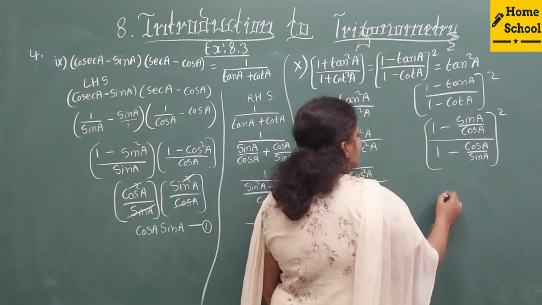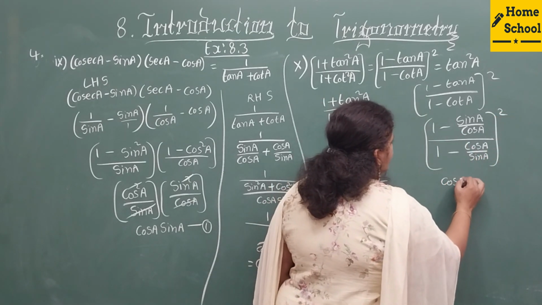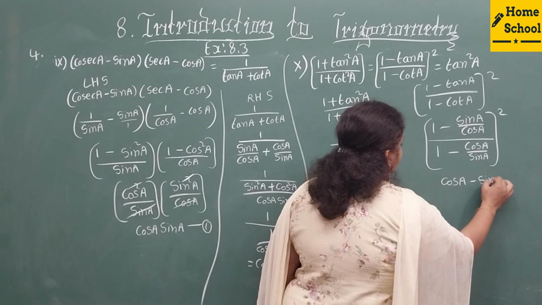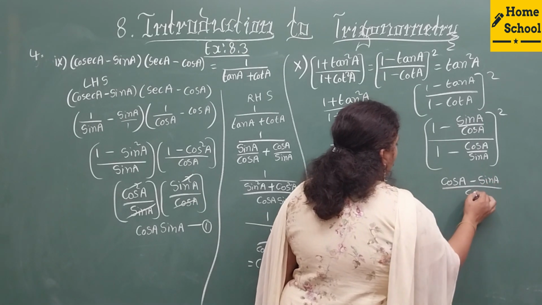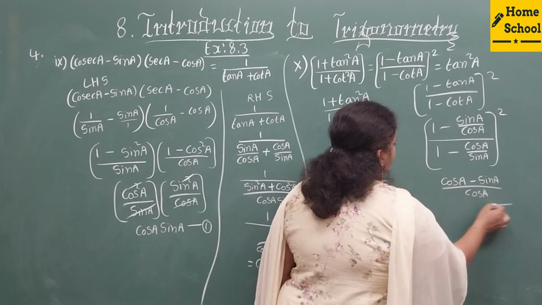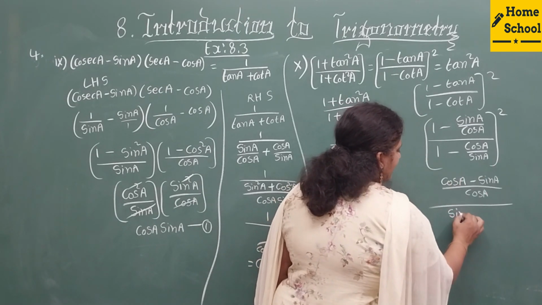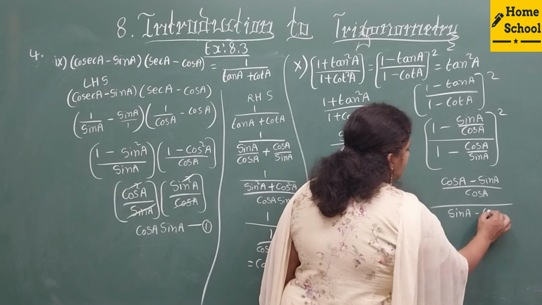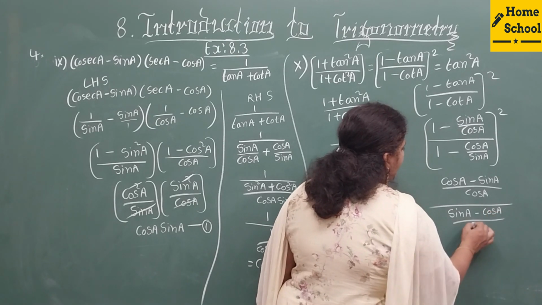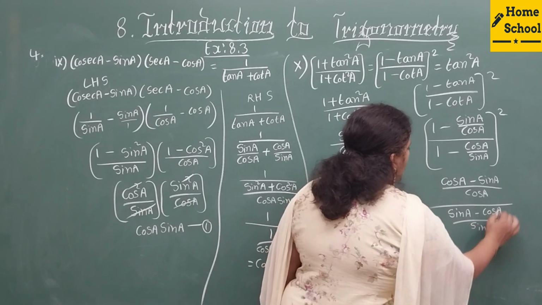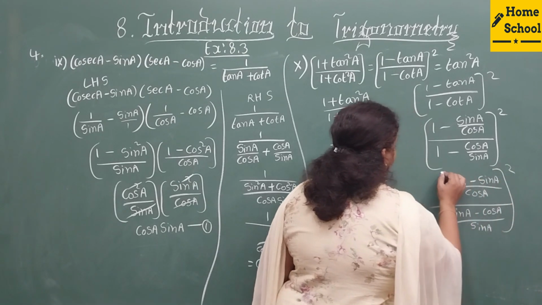Okay. Do LCM. Cos A minus sin A by cos A divided by, again do here LCM. Sin A minus cos A by sin A whole square.